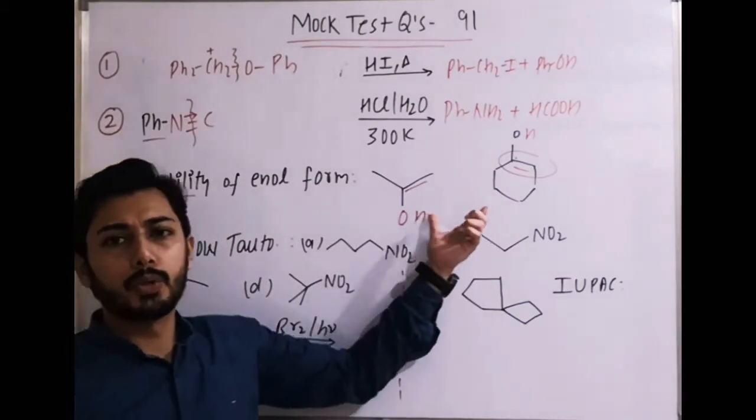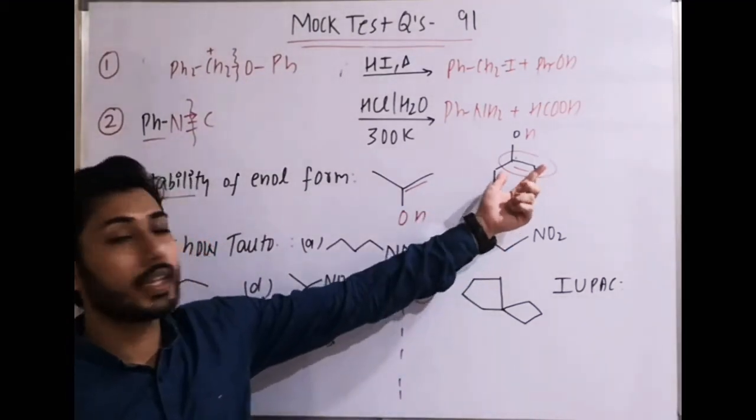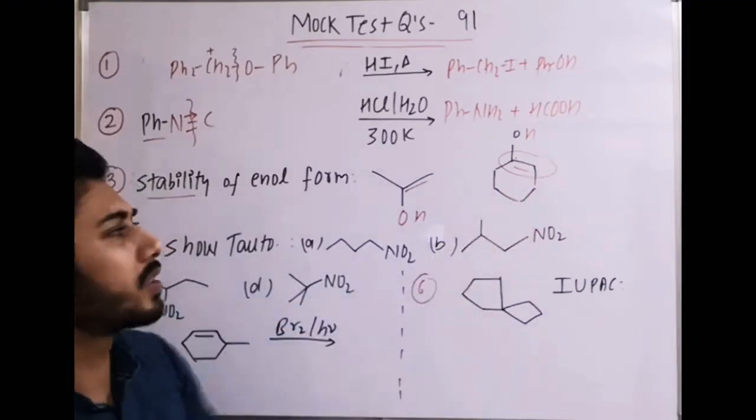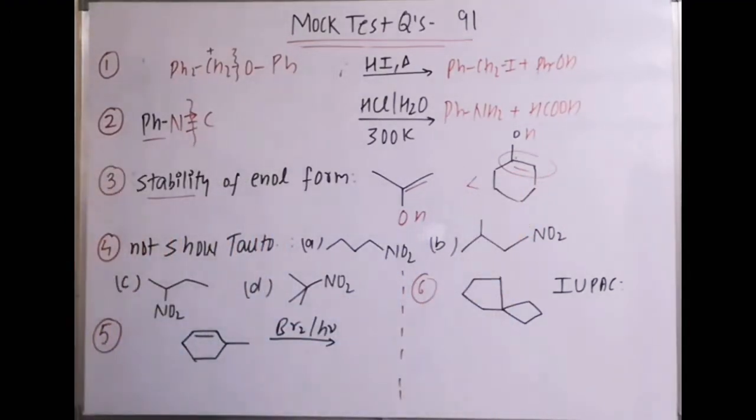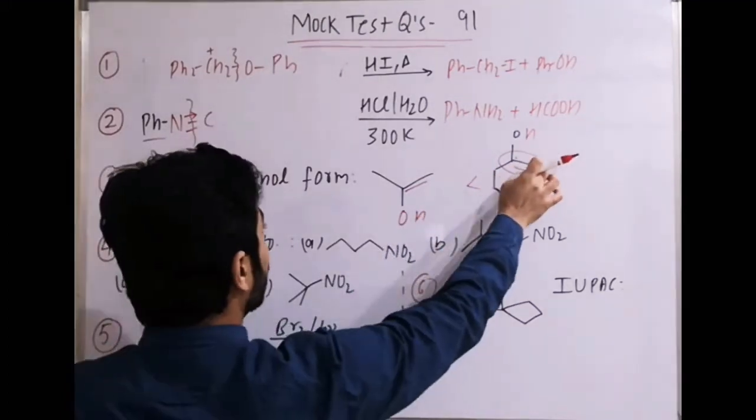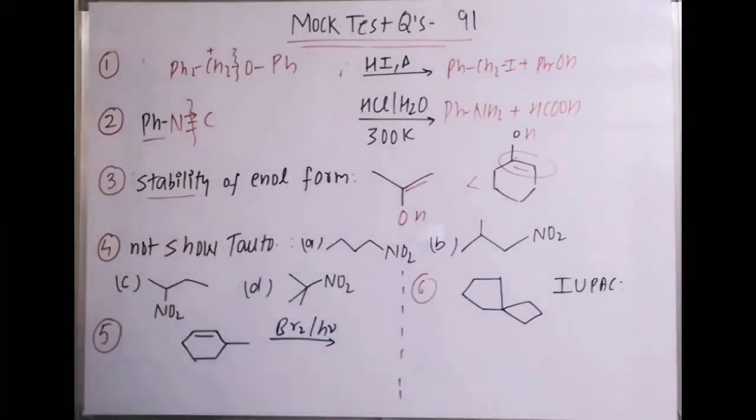But the question is there, so we can go for that. Here at least the alkene is more substituted, more branched, with more hyperconjugable hydrogens, so the enol percent should be more for this one as compared to acetone.